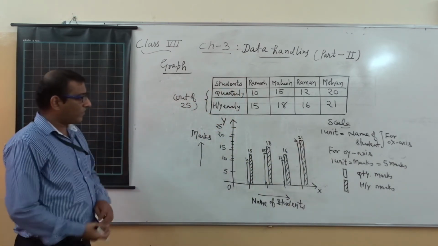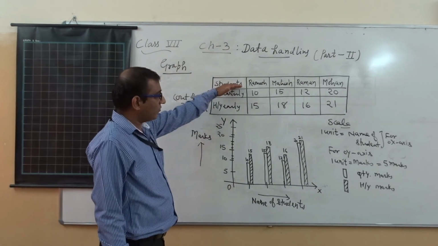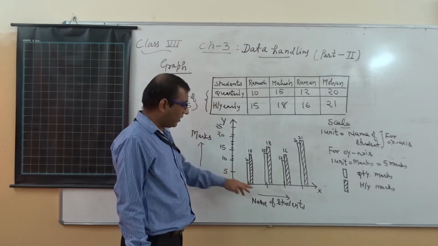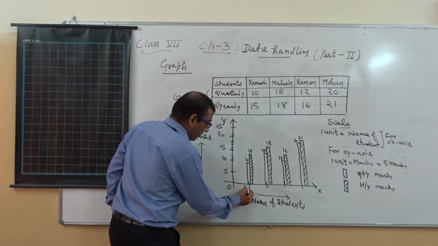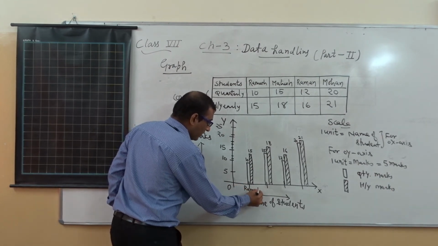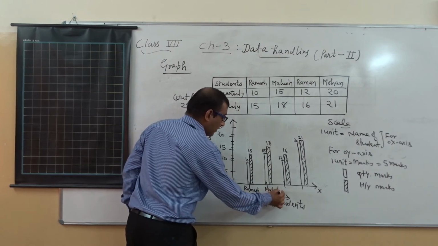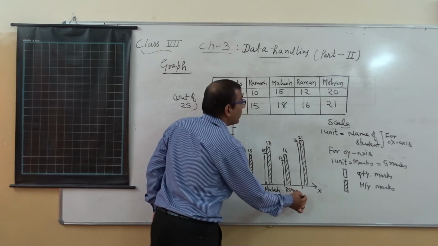With the help of this double bar graph, we will easily identify which student is getting how many marks in which exam. It is better if we mark their names also: Ramesh, then Mahesh, then Raman and Mohan.